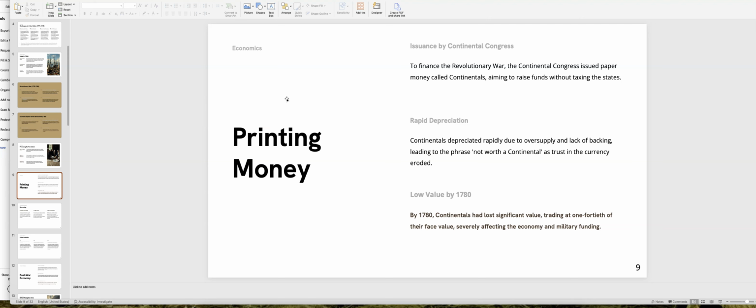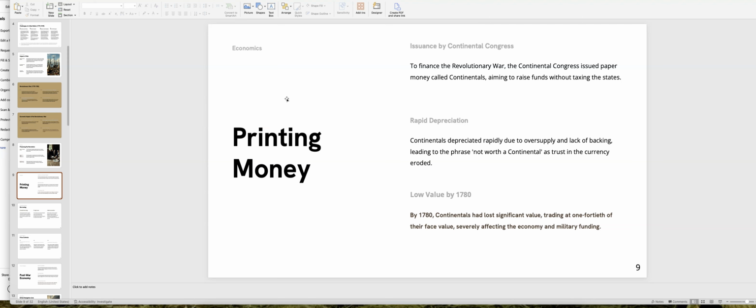And then you've also got the states and the Congress taking on debt, and they can't even make the interest payments on those things. Because again, the central government didn't even have the power to tax anything. So, yeah, they're basically just printing cash. And that's what we see here with this rapid depreciation.